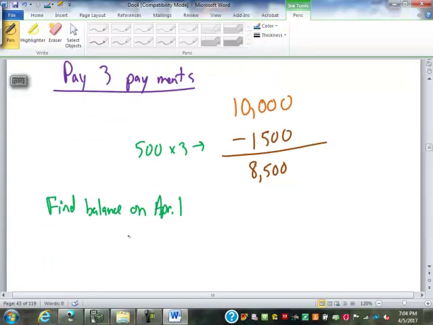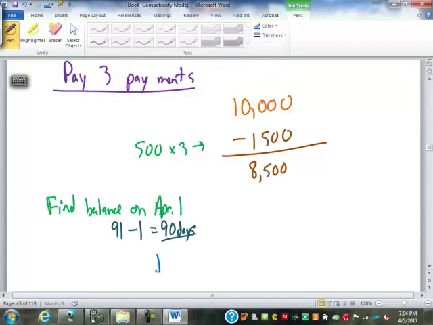So April 1st is how many days? Well, they're probably going to be figuring ordinary interest, but we'll figure it out. April 1st is what day of the year? 91. January 1st was day 1, so that's 90 days. That works out perfect.